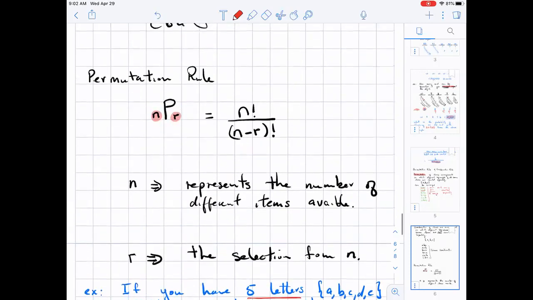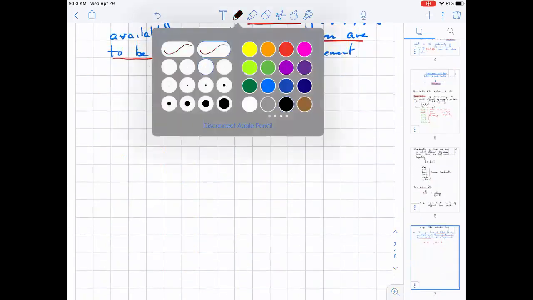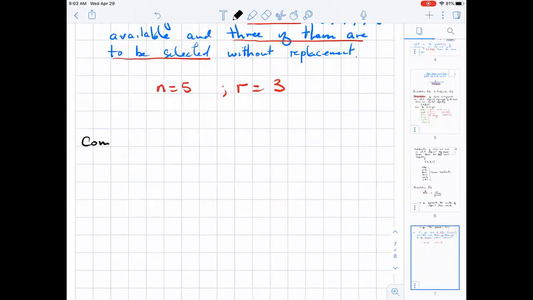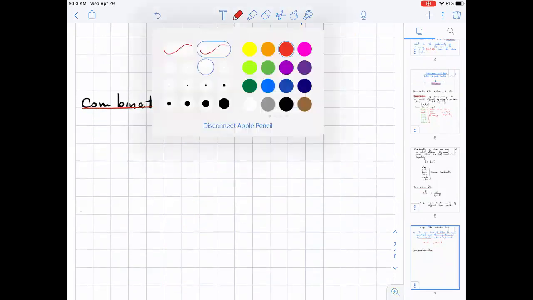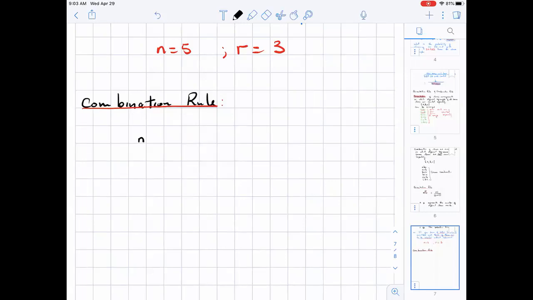So this was the permutation rule. Now, if we look at the combination rule, the combination N choose R is now equal to N factorial divided by N minus R quantity factorial times R factorial.